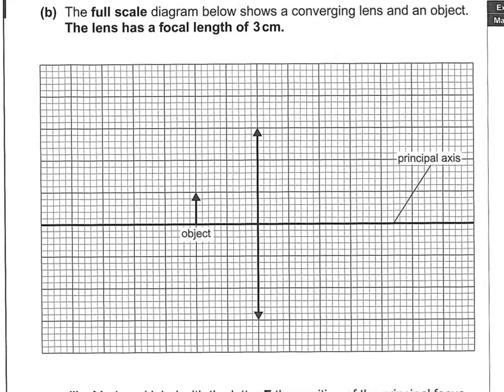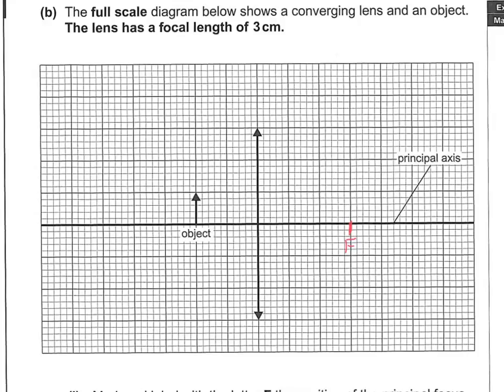So the principal focus has to be marked on here, and that will be 3 centimeters out. So here we go, 1, 2. So the principal focus is going to be here. It also says then, draw 2 rays on the diagram to help you find the position of the image. Label the top of the image with the letter I.